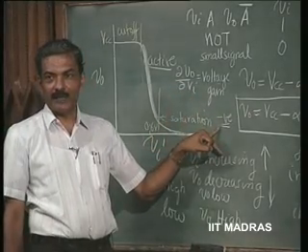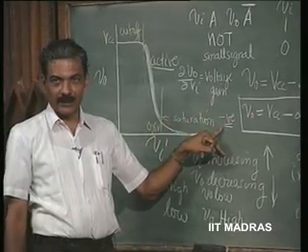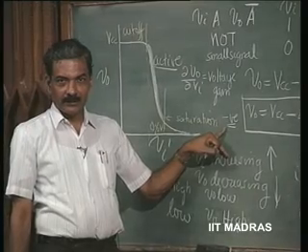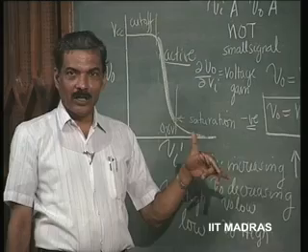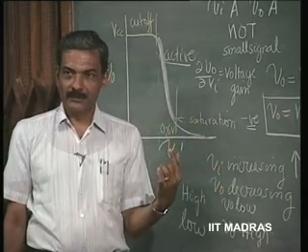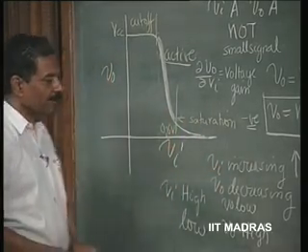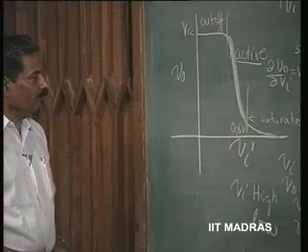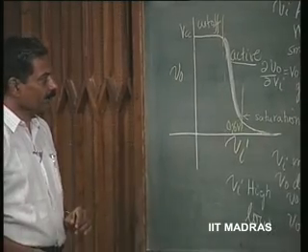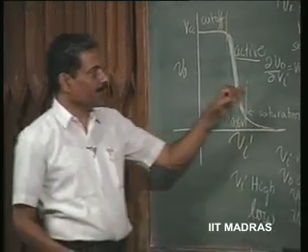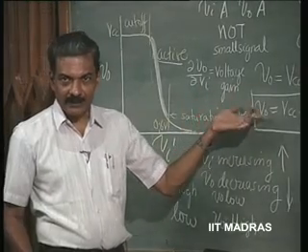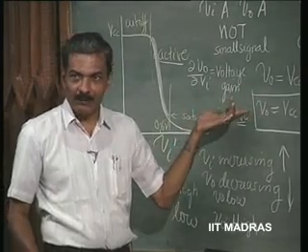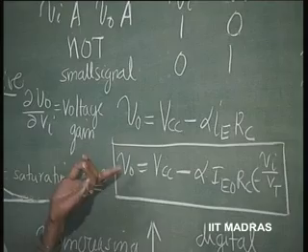That is what is meant by inversion. If the voltage is incremented, output will be decremented. So, this is what is meant by an inverting amplifier. For amplification to really exist, delta V naught by delta V I should be greater than 1. If it is a voltage amplifier, the voltage gain has to be greater than 1.